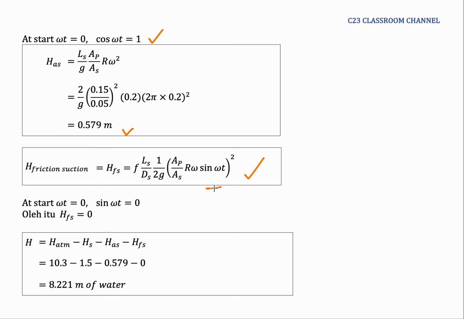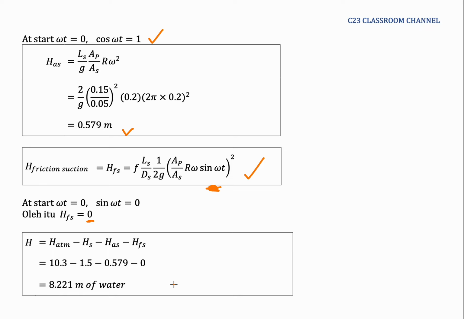In the previous question we had no specific point to calculate the friction, which is why we calculated the average friction for that problem. Here we have sine omega t, and we find that sine omega t is equal to 0, so the friction is equal to 0. It is very simple: at the beginning there is still no movement of the water, so the friction is 0.